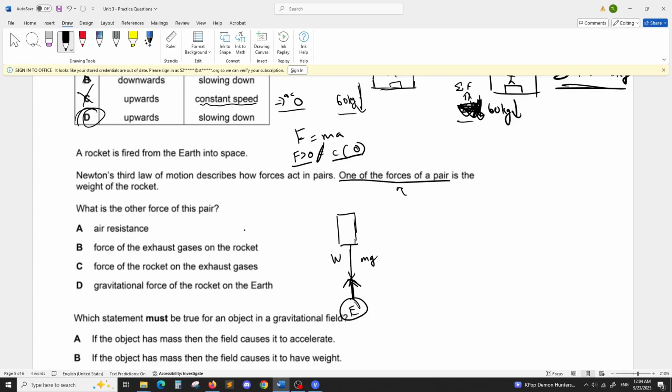I don't think I explained it, but this is also equal and opposite reaction. Equal in magnitude, but opposite in direction. So it goes down, but then Earth goes up. And then we can see that the only answer choice here that mentions Earth is D. So that's going to be the correct answer.